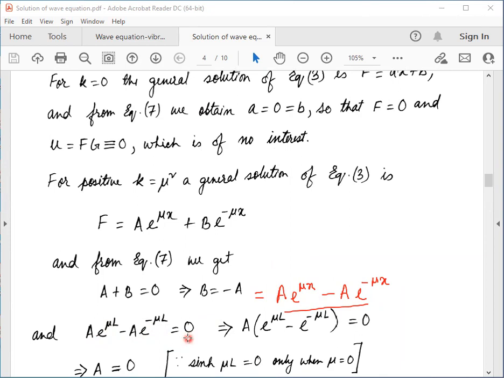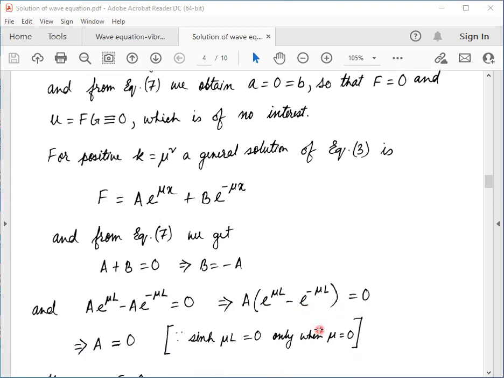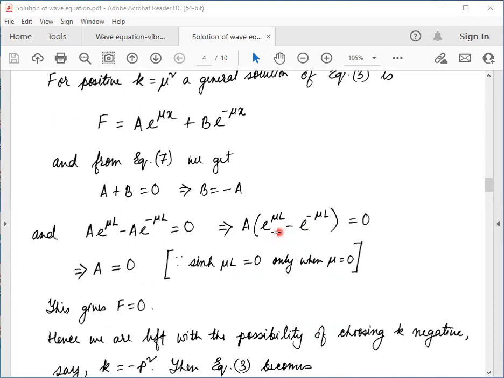Now I can take a common from these two terms, that is a times e to the power mu L minus e to the power minus mu L equal to 0. But the term inside the bracket is nothing but twice sine hyperbolic mu L.